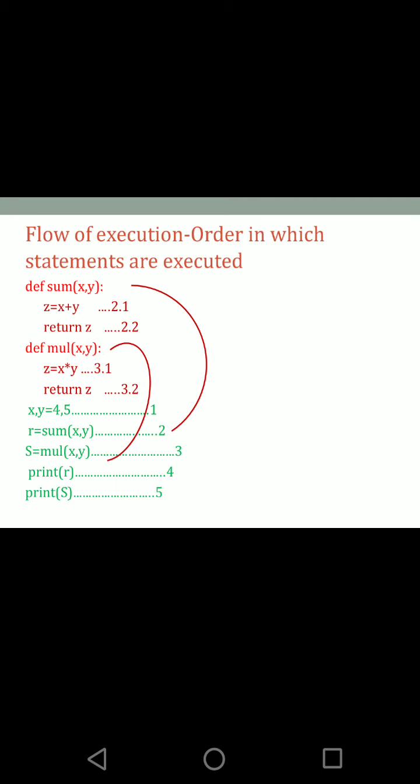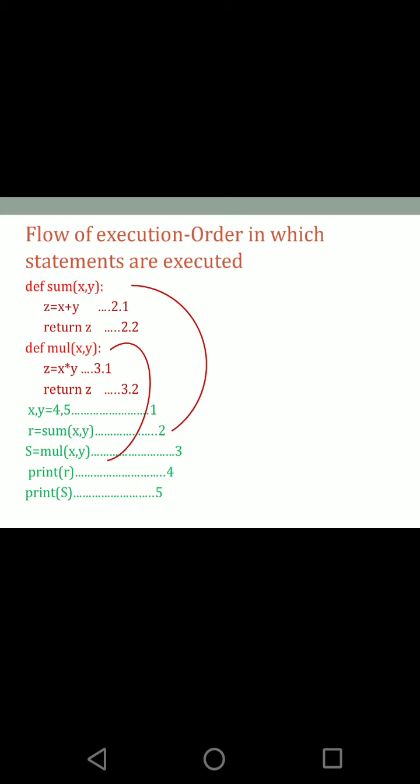So you can see the flow of execution, or in which order the statements are executed. The line numbers are given here. It starts with x, y, line number 1. In line number 2 what happens? r is equal to sum of x, y. Sum of x, y means it is calling the function with the name sum to execute. So the flow of execution goes from 2 to 2.1. 2.1 works with the parameters passed to the function sum from 2.